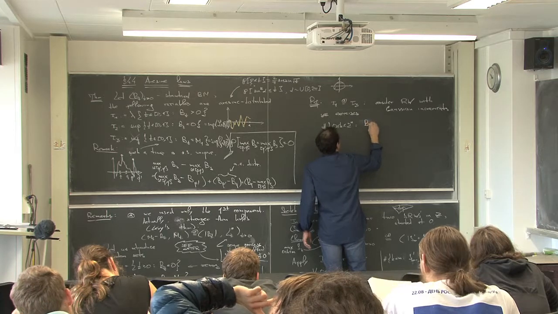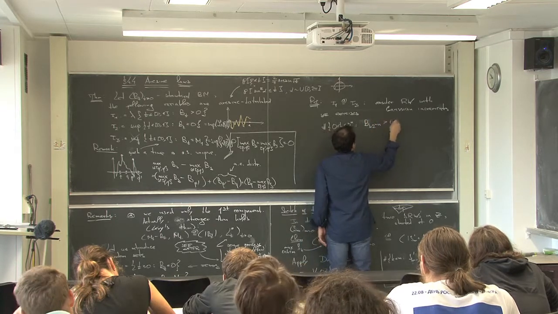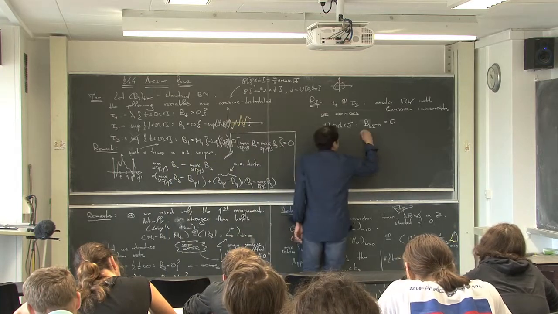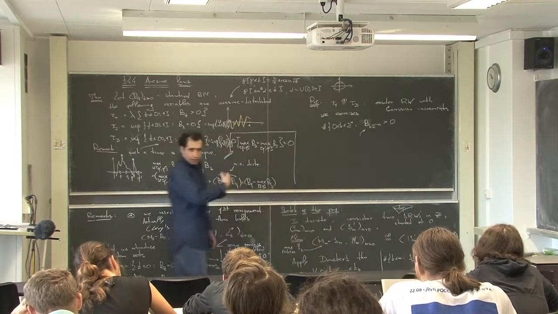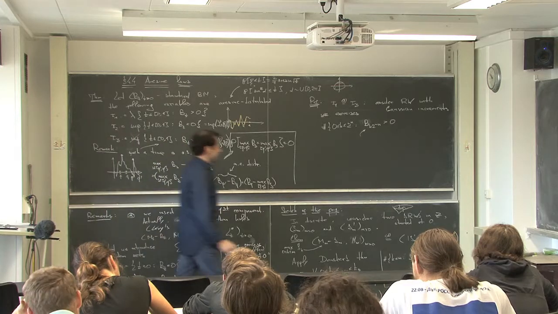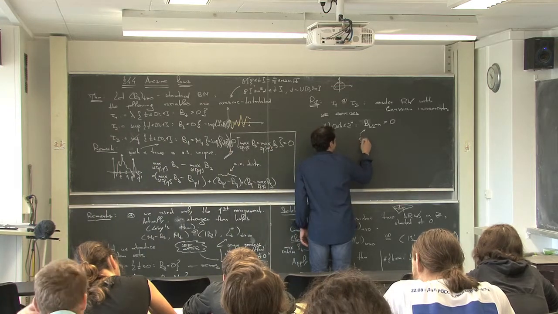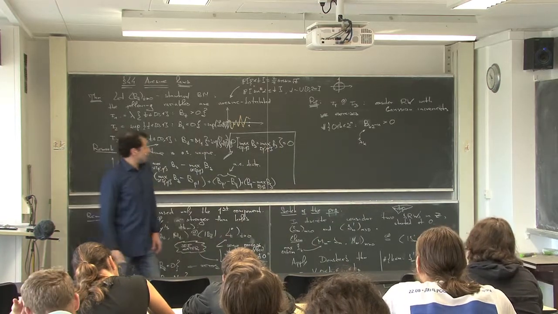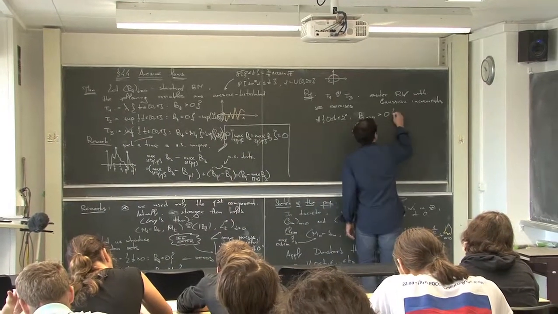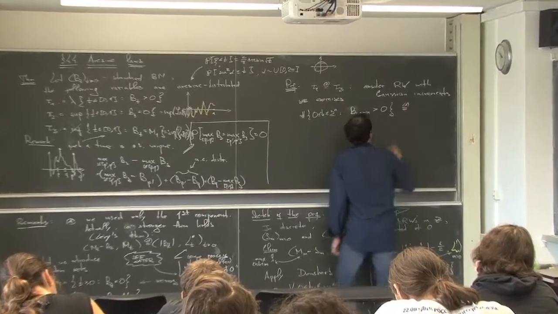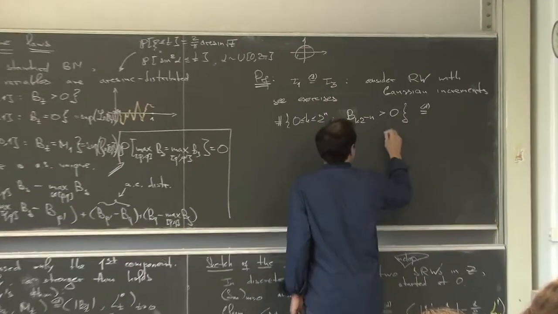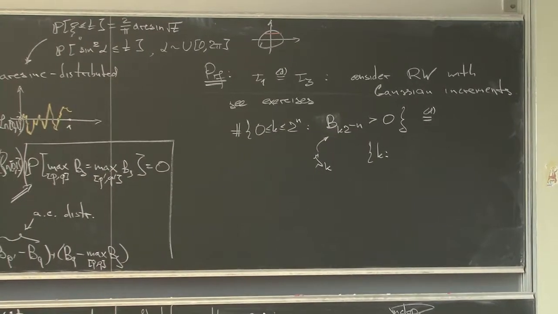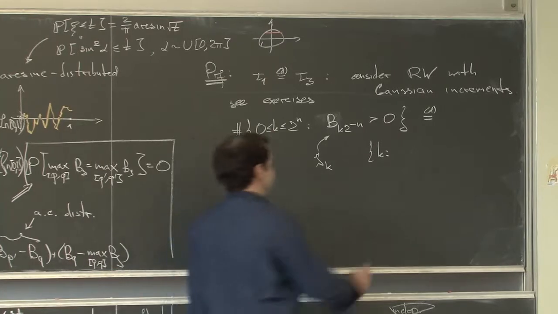Let me also rescale and write it this way, because I can always think about this value as just S_k. The number of such steps is distributed exactly as the k where we attain the maximum.